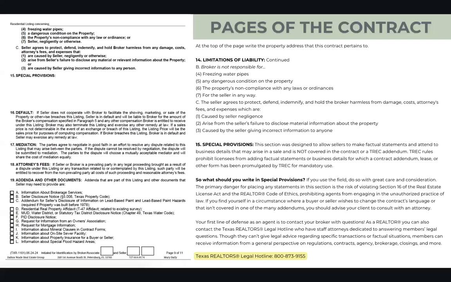You can check with your broker on this, and you should always advise your client to consult with an attorney. There is also the Texas Realtors Legal Hotline, and I have the phone number for that right here. They can answer general questions, nothing specific about any particular sale, but they can give you some general broad advice.